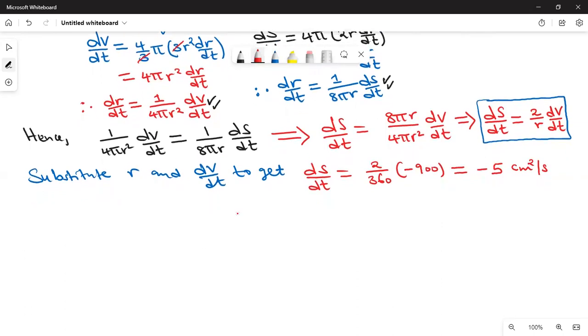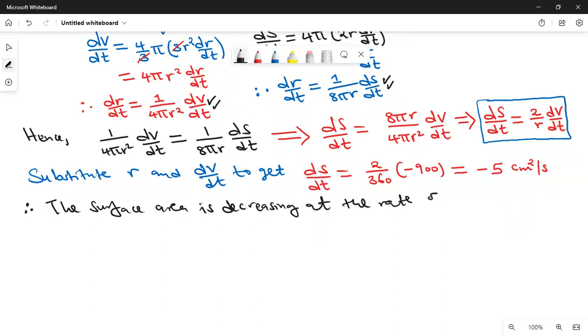So you can now conclude here and say that therefore the surface area is decreasing, this is the spelling, decreasing at the rate of 5 centimeters squared per second.